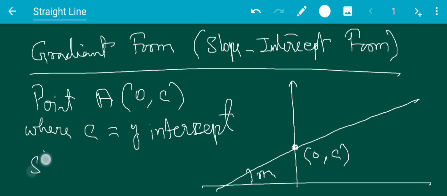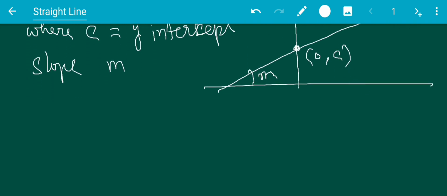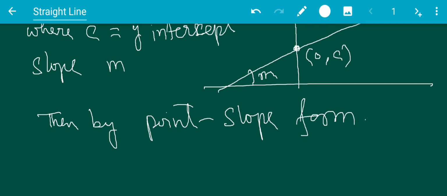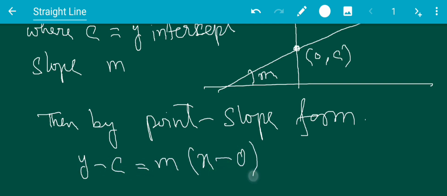and slope m, then by point slope form we write y minus c is equal to m into x minus 0.